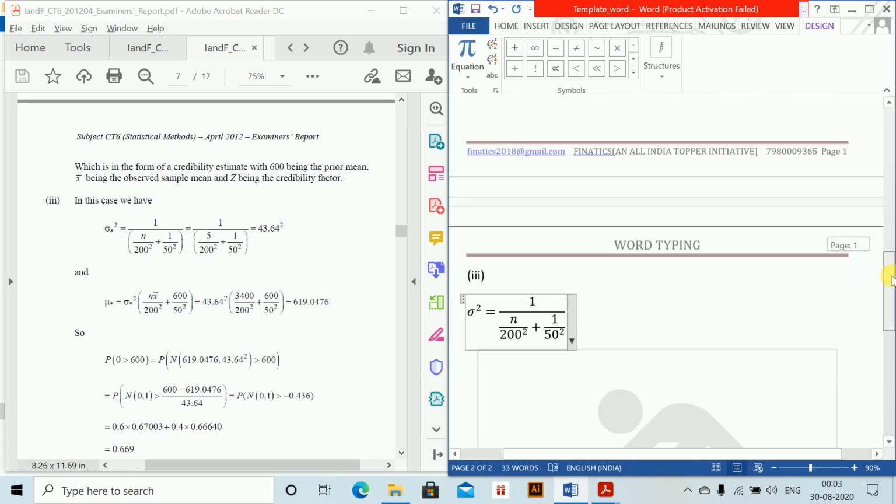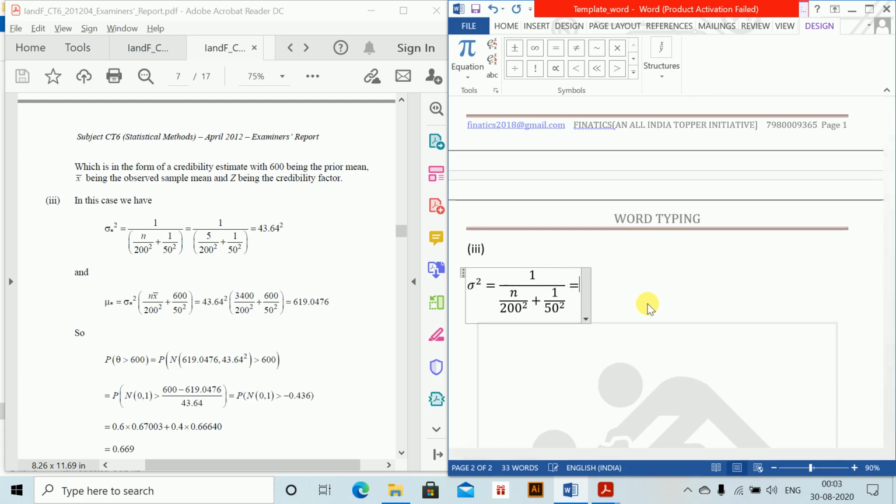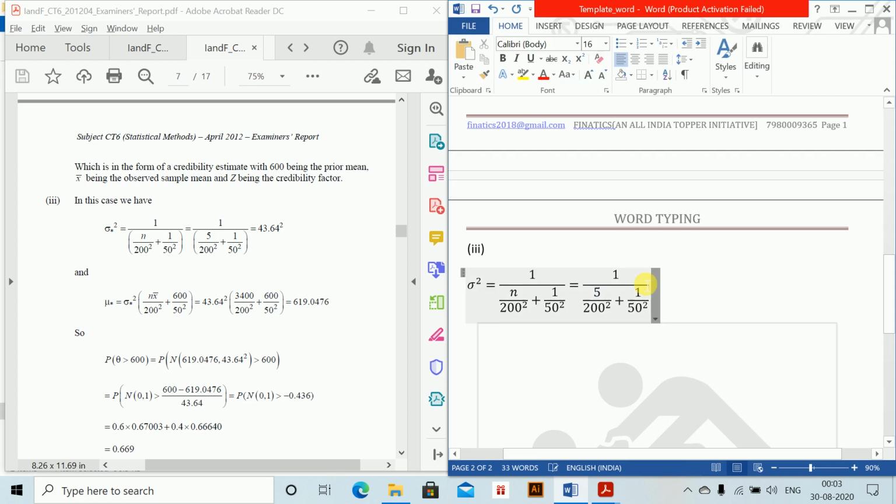Okay, this you had saved. So this is equal to 1 by, again I'll just paste and replace n only. So n now is 5. So therefore this is equal to 43.64 squared.